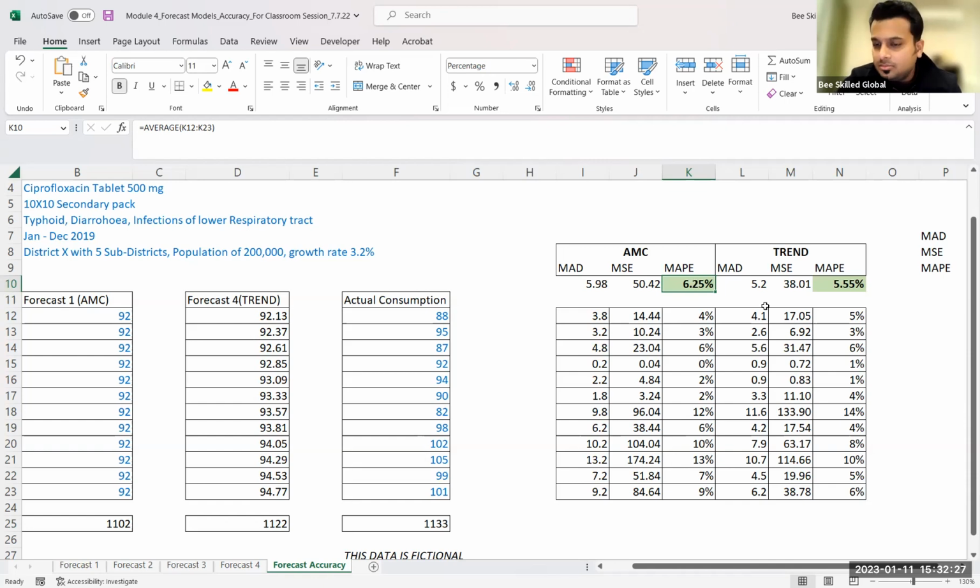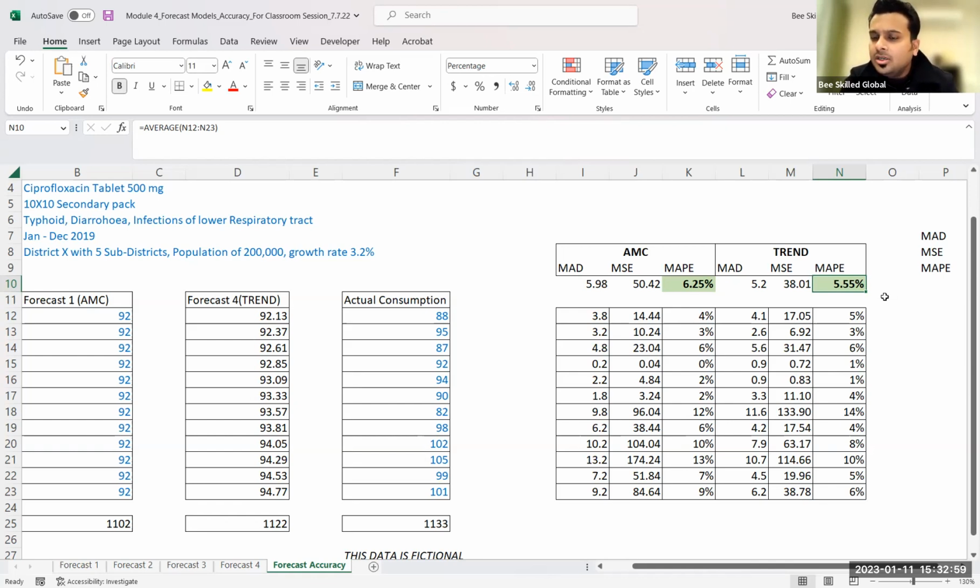We do the same calculation using the forecast made with trend analysis. So we calculate the mean absolute deviation month by month and absolute percentage error month by month. And when we take the average, in this particular case, we see that the error with trend analysis was slightly less than when compared against AMC. Now, this is only for the purpose of this scenario. It may or may not be true in real events.